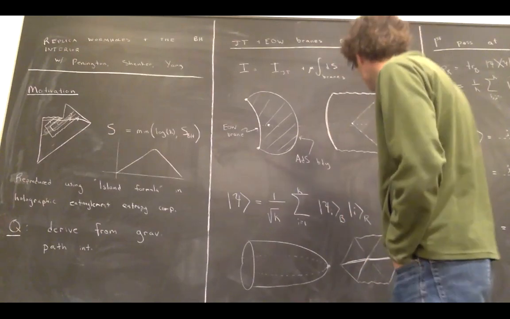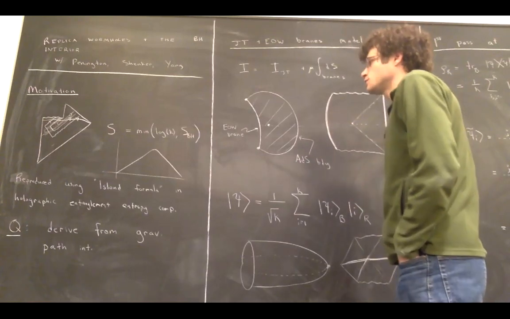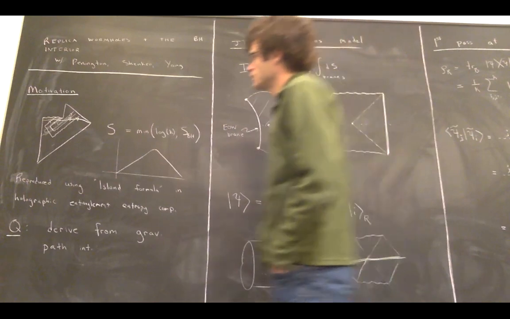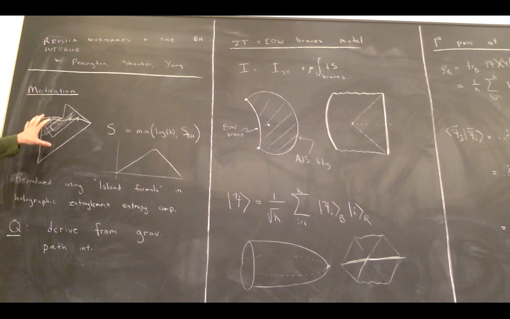Okay. Well, the idea behind putting these branes here is that the brane behind the horizon is going to mock up the interior partners of the Hawking radiation over here. One way of phrasing the puzzle about the evaporating black hole is that naively, you get a huge amount of entanglement between the Hawking radiation outside the black hole and the interior partners behind the horizon.